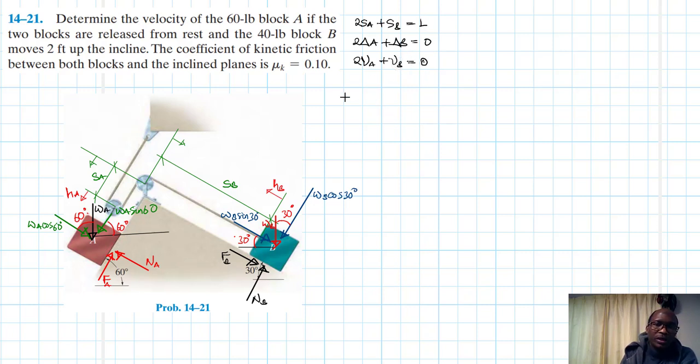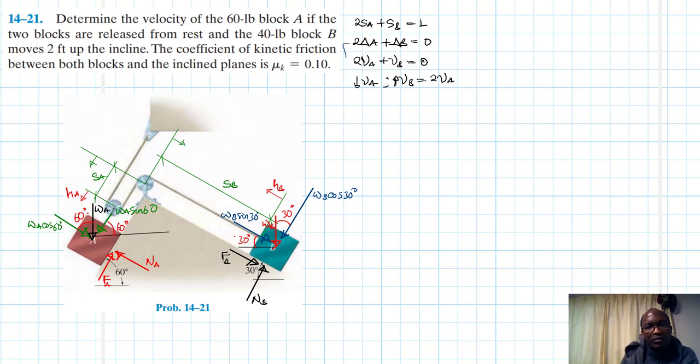We can end here for now, because VA is going down, therefore VB is just going to be equal to 2VA, and this is going up.